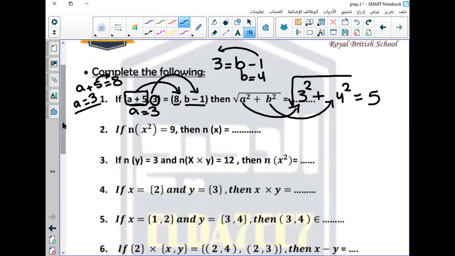Okay, number 2: if number of x power 2 equals 9, then number of x will be equal to 3.